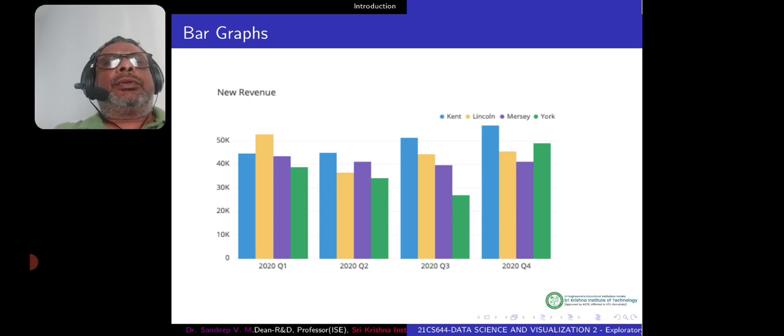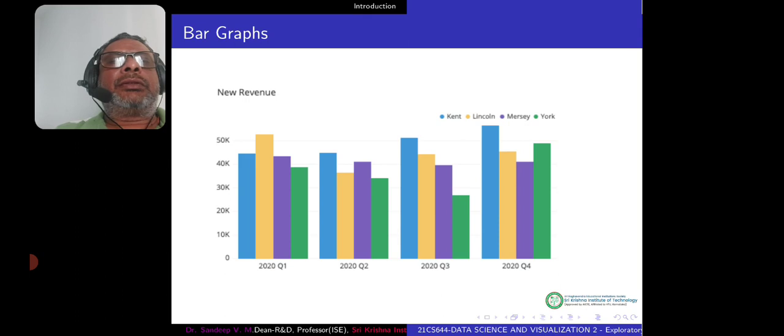The other way, you can compare the same entity, say Kent. If you just concentrate on the blue bars, in the first quarter and second quarter they were almost the same. In the third quarter it rose, and in the fourth quarter it increased further.